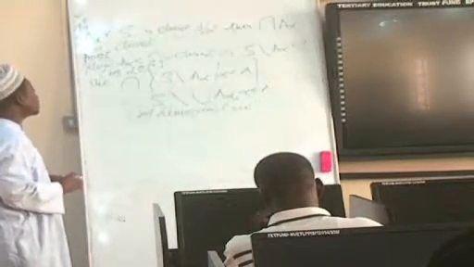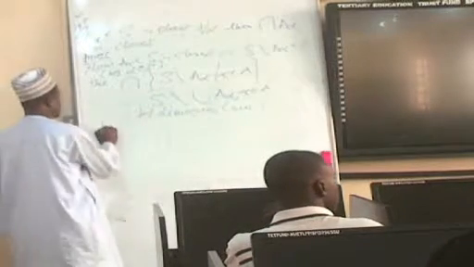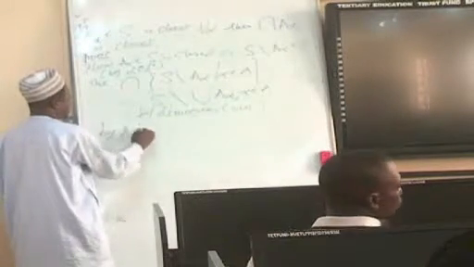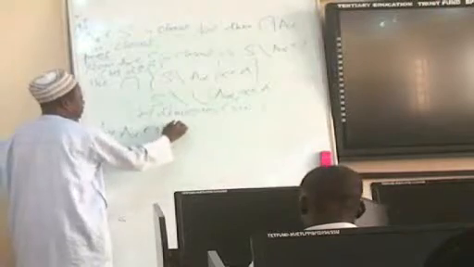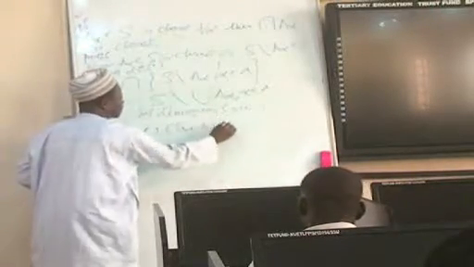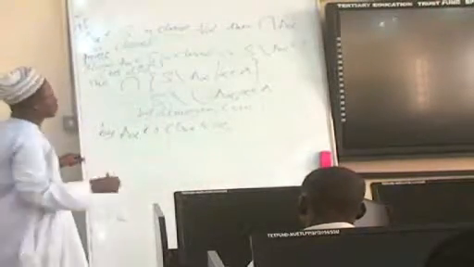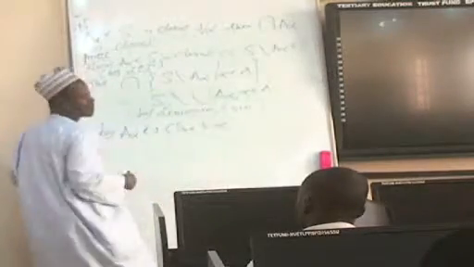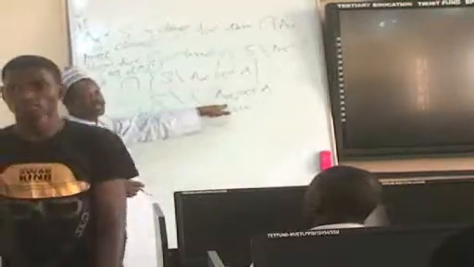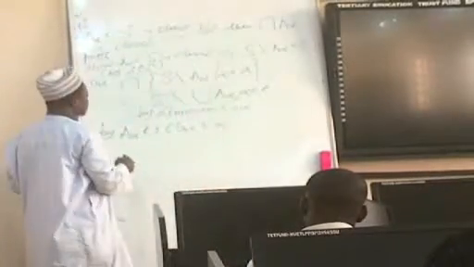But A alpha is closed for any alpha from here, isn't it? So you have no problem saying that this is a collection of closed sets. If you take the collection of closed sets, take the union, take the complement, you get what?